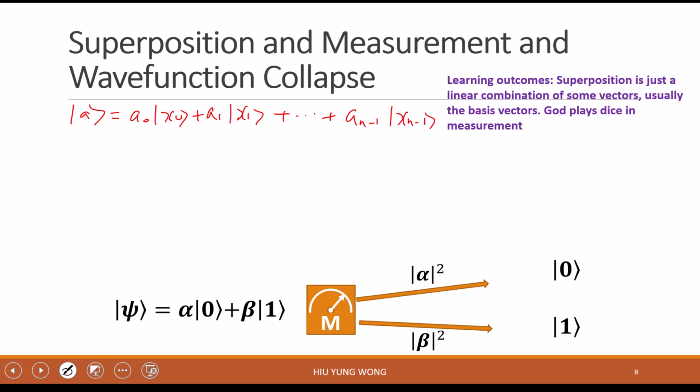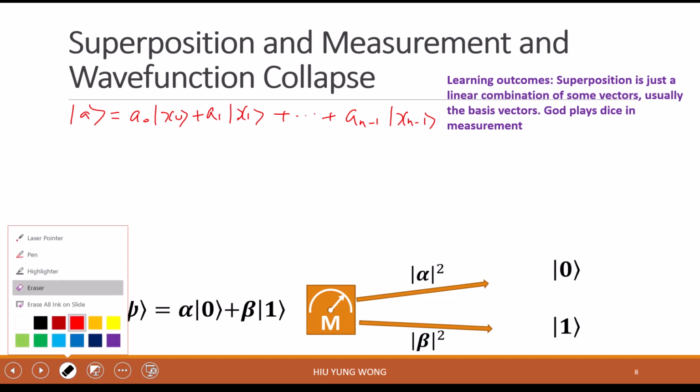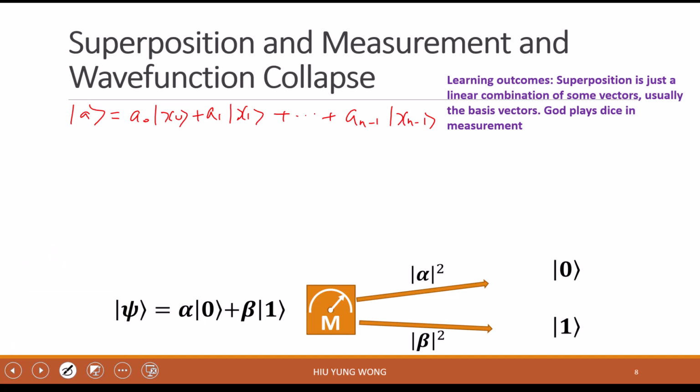But let's just look at a simple one, 1 qubit. The good thing about quantum computing, at least the introduction part, is actually very easy. You only have a two-dimensional space. For example, you have 1 qubit. For any 1 qubit, you are going to have psi equals alpha 0 plus beta 1. Again, I hope you can relate this.